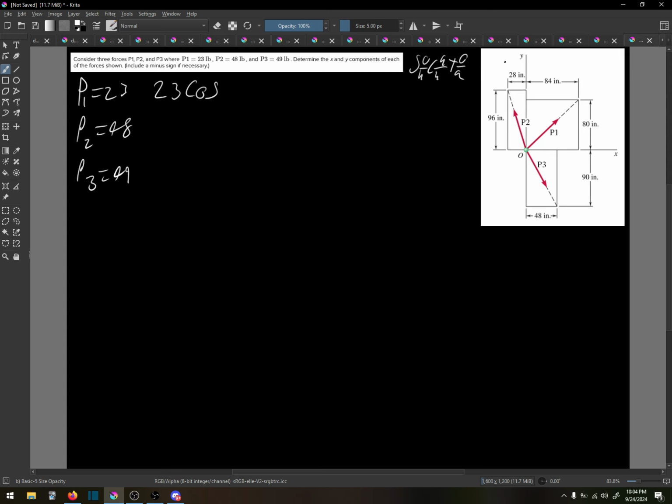It's as simple as that. I think we're just going to keep doing P1, opposite over adjacent. It's just going to be inverse tan. So let's find the angles first, because I think that would just make the problem easier.